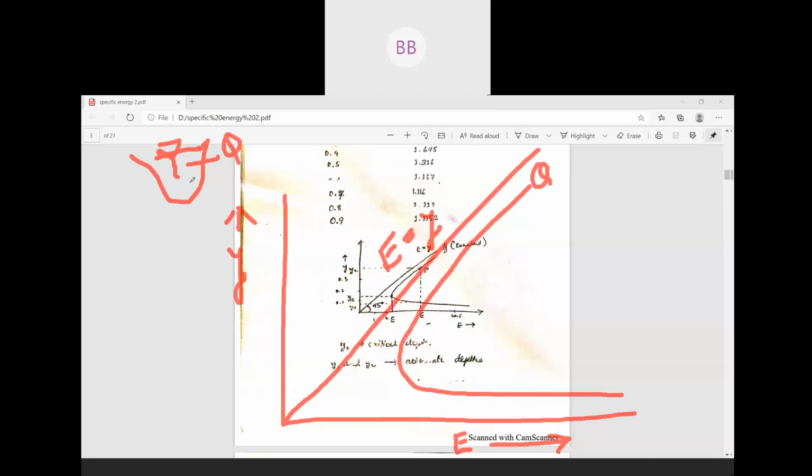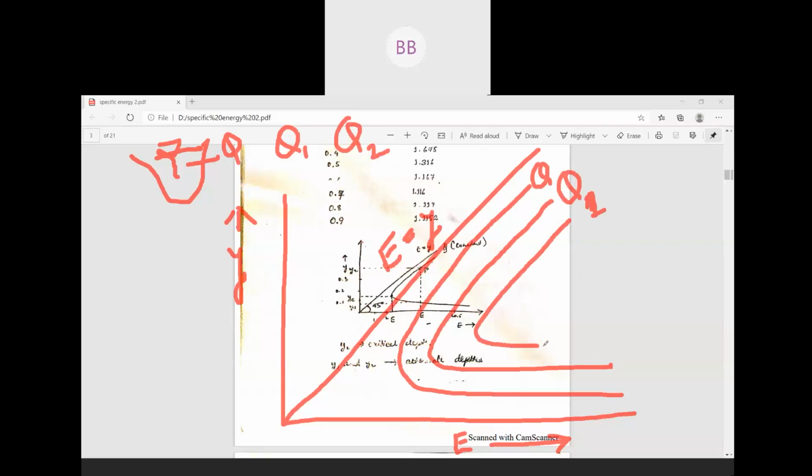Then in the same section, if you change the discharge to Q1, you'll have another specific energy curve. Now if you change again to discharge Q2, you'll get another specific energy curve.